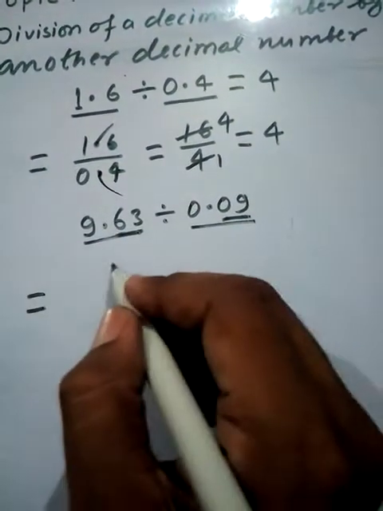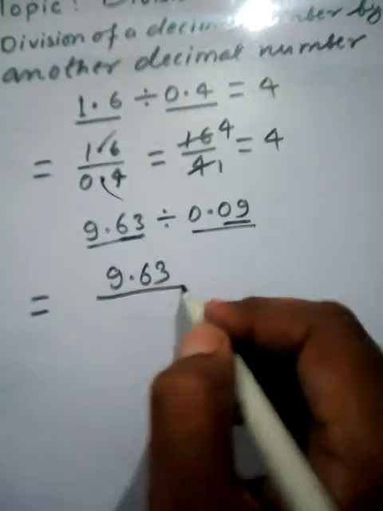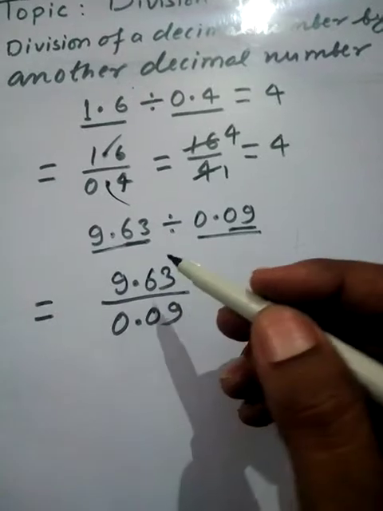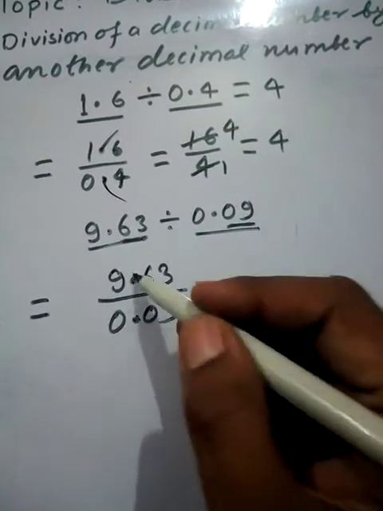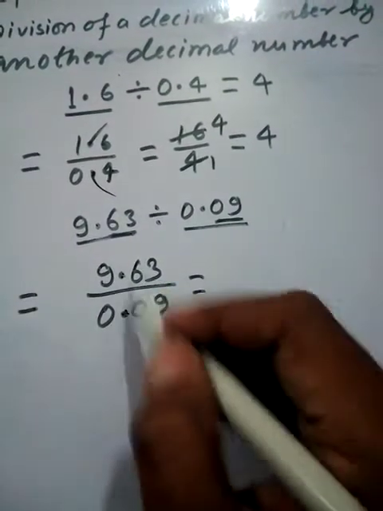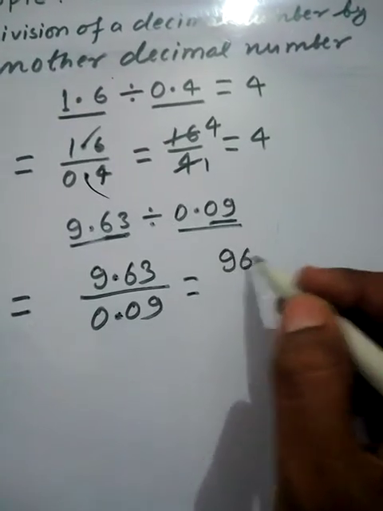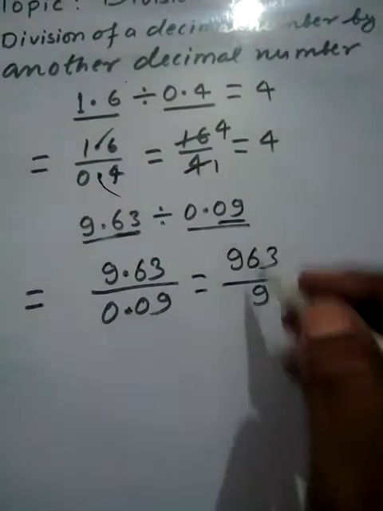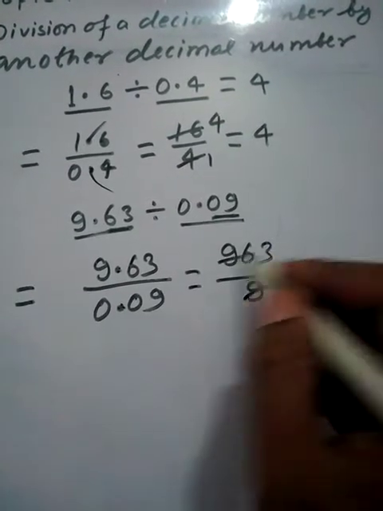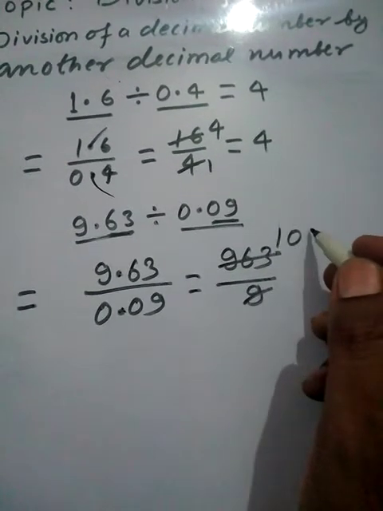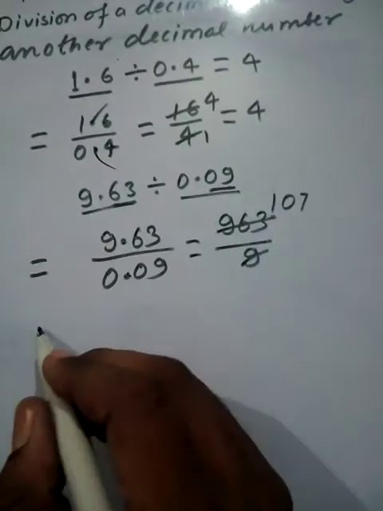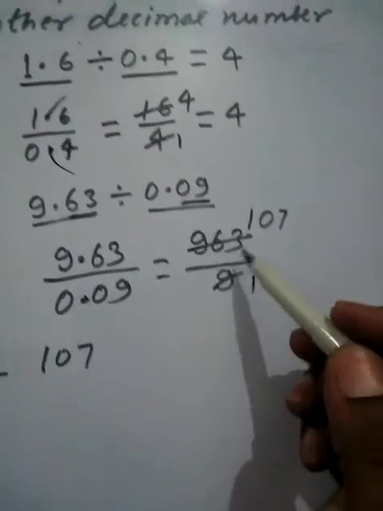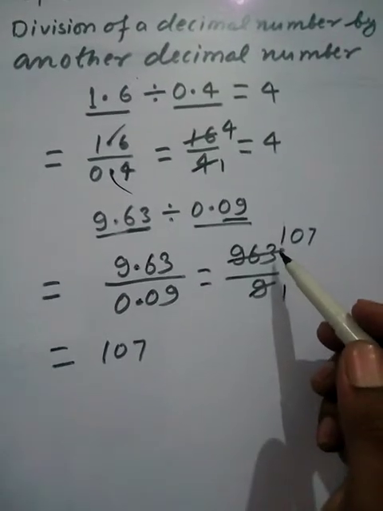So just write it in the form of a fraction, numerator and denominator, and remove these two decimals because both are like decimals. So you can write 963 by 9, and if you divide, 9 ones are 9, 0, 9 sevens are 63, it will be 107. Now this is a very simple question of fractions.